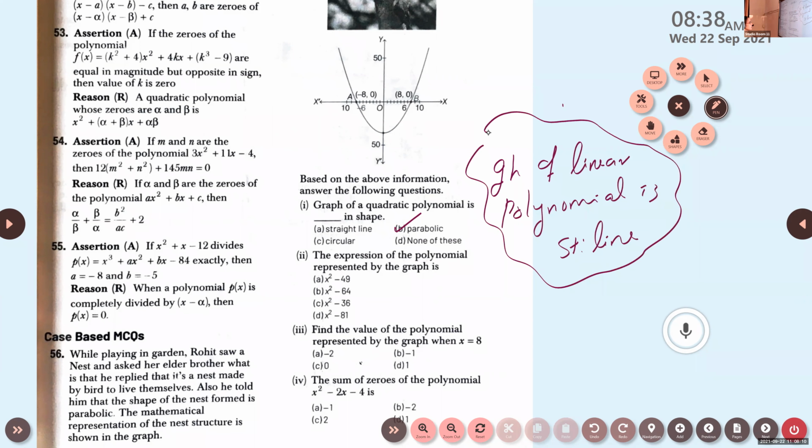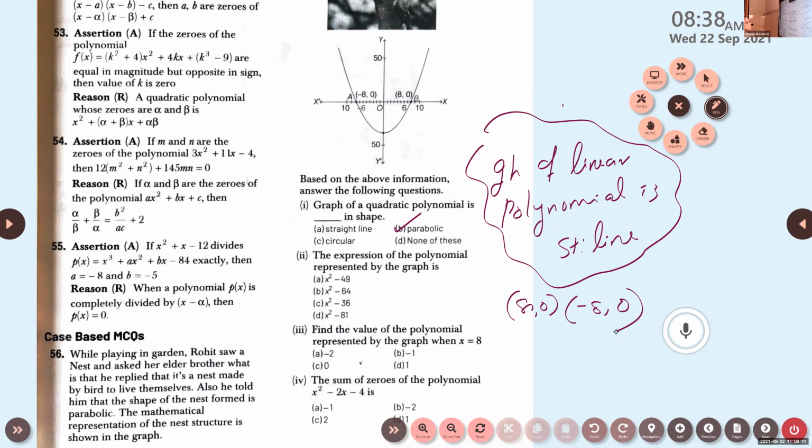Okay, now second question. The expression of the polynomial represented by the graph. Look at the graph. Some 2 points of the graph are given. What are the points on the graph? Which are the given 2 points? 80 and minus 80.